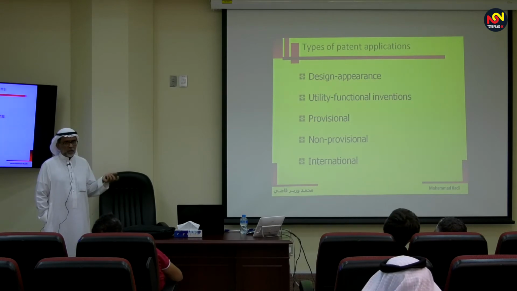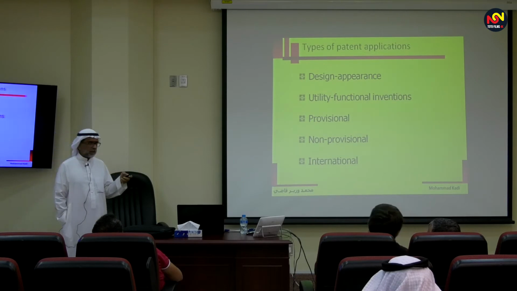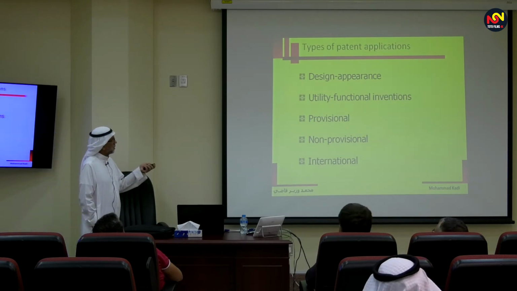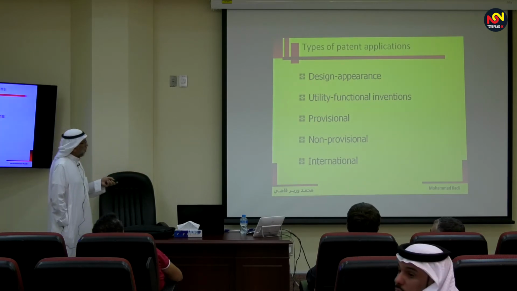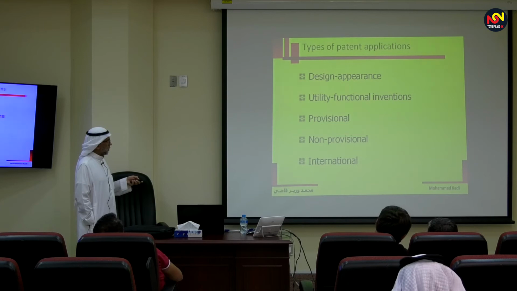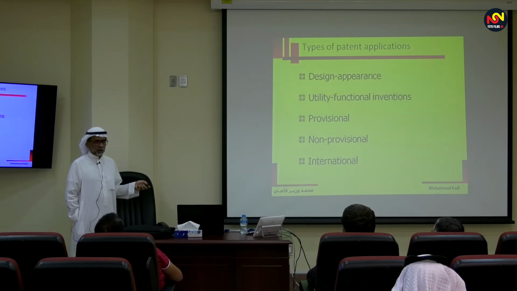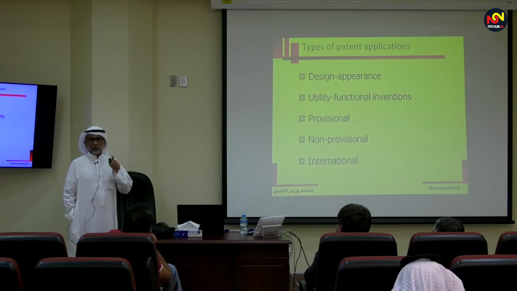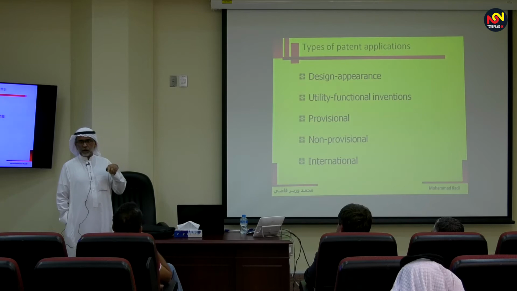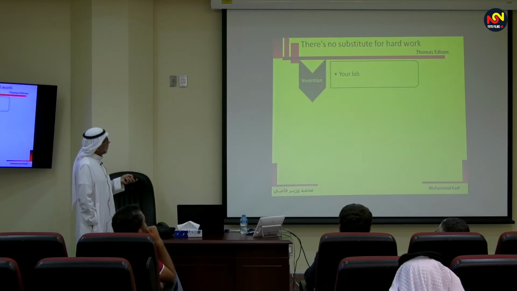So any instrument you have, any chemical you produce, any drug you produce, it falls into this category. Provisional and non-provisional I will speak about later, and international I spoke about earlier, that you have to protect your invention in each and every country in the world if you want to sell the product.